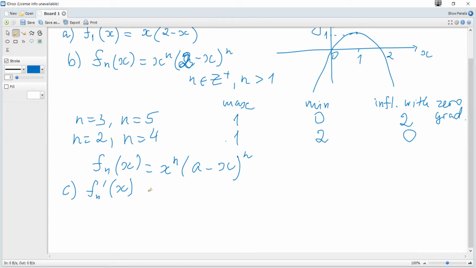So let's find the derivative. It's quite easy. We can see a product, so we just use the product rule. So derivative of x to the power of n is n x to the n minus 1, multiplied by just the second function, (a minus x) to the power of n, plus the first function, x to the power of n, multiplied by the derivative of the second.